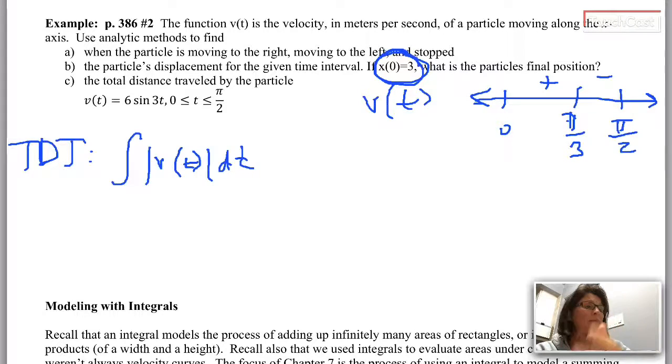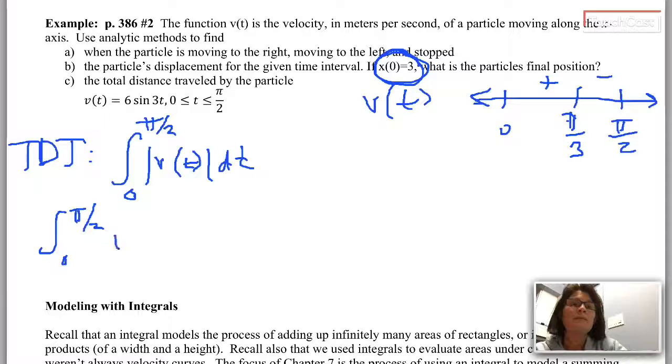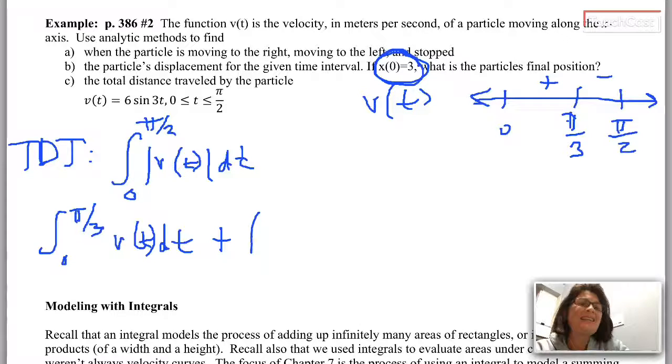And that's by splitting up my integral. This would have been the whole interval 0 to pi over 2. Splitting it up, I know the velocity is already positive on 0 to pi over 3. So I don't have to worry about finding the absolute value. And I know the velocity is negative on the interval from pi over 3 to pi over 2.